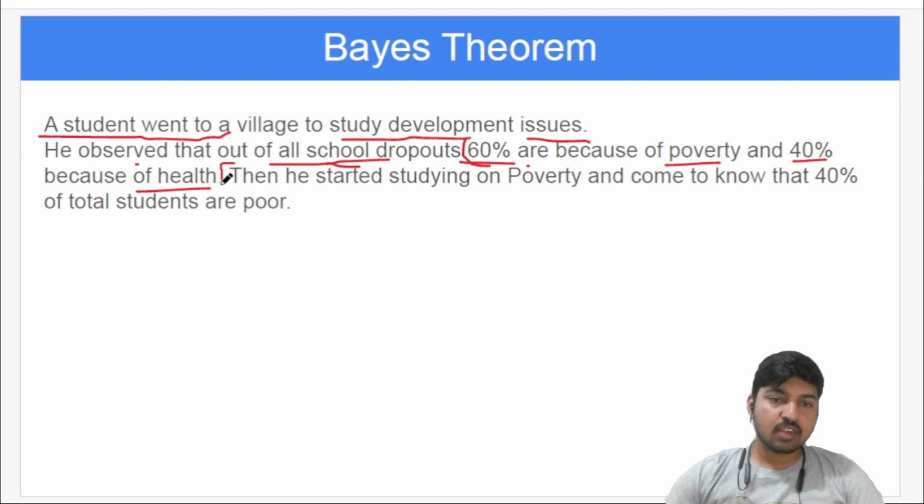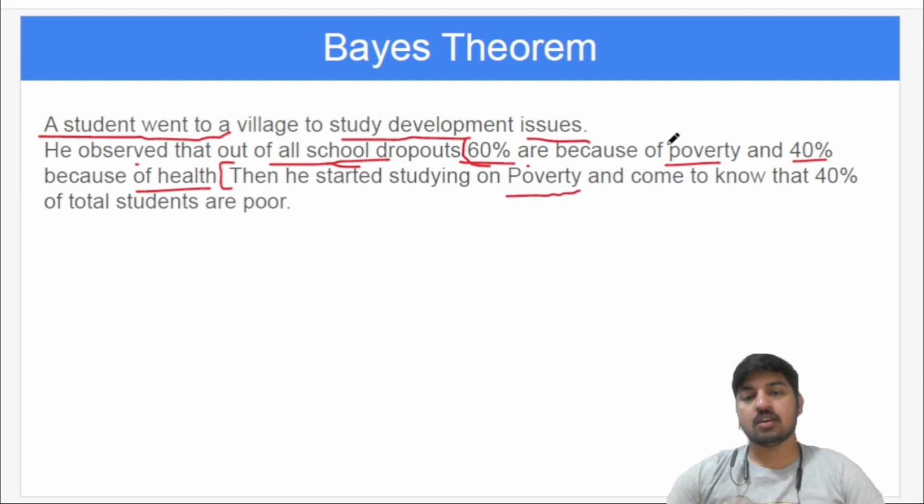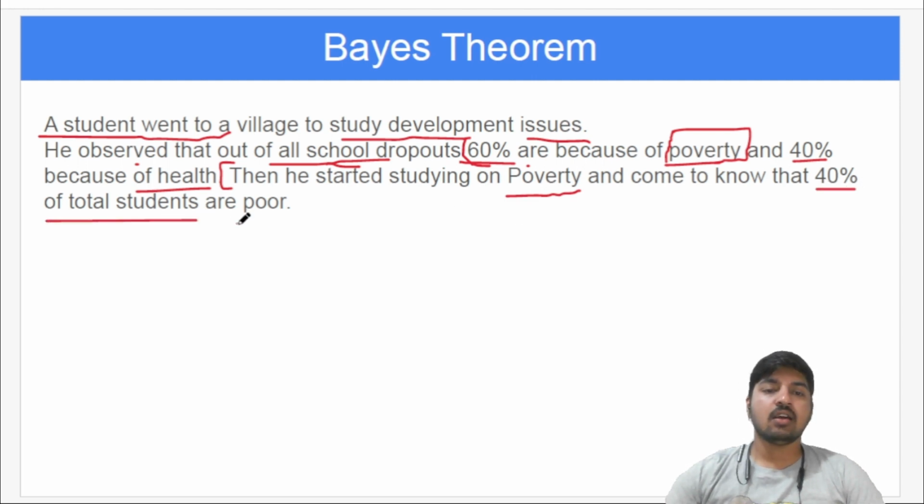After that, again you went for FWS1 or otherwise in that same study, and you started studying poverty. First you were studying school dropouts, but there you came to know that poverty is a major reason for school dropouts. So you started studying poverty, and then you came to know that 40% of total students are poor.